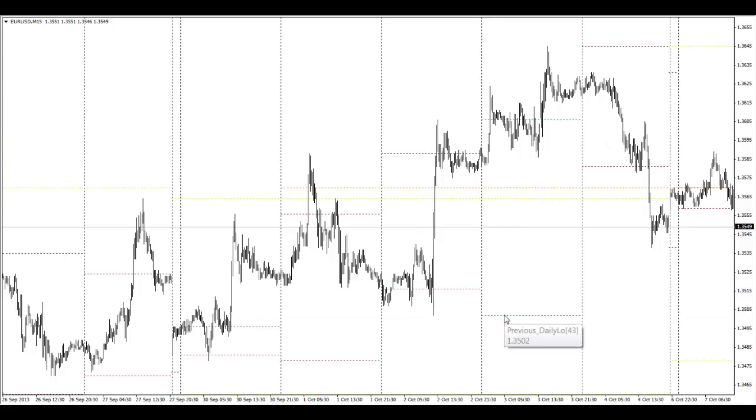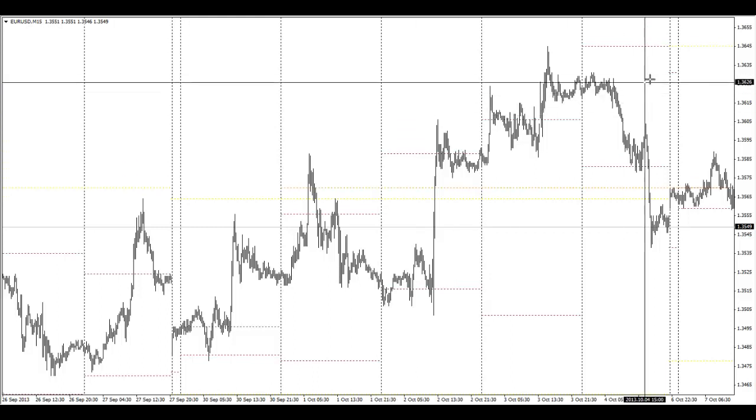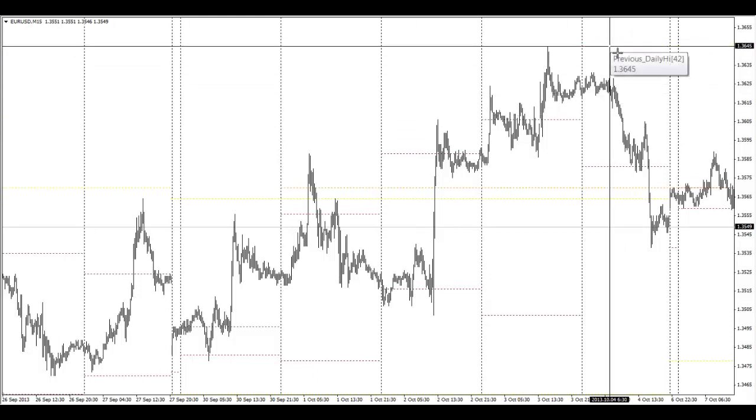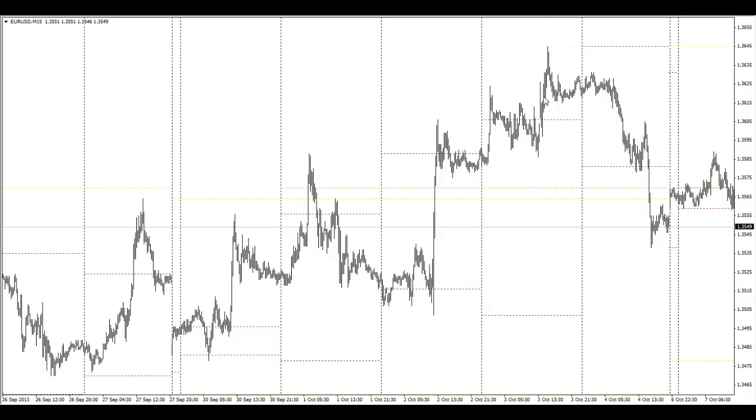What this indicator does is plot the previous day's high and low, so you can see it graphically. There are a lot of uses for that, but we're not going to go into it here. You'll hear more about it as we get into the 8th installment in this series. We have 64 pips on this range here.